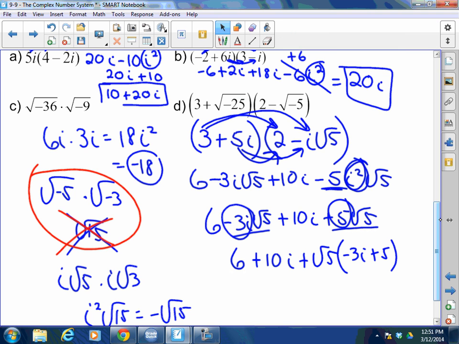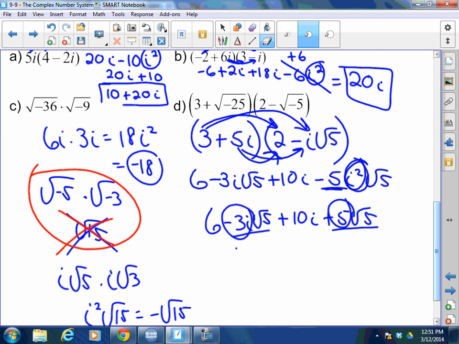But I wouldn't do that. You can't add like terms here. There's no like terms to add. 6 doesn't add to anything. 10i and negative 3i square root of 5, you can't add those. Can you add 10 and square root of 5? So you can't add 10i and a 3i square root of 5. And then I have a square root of 5 here and a square root of 5 here, but I can't add 3i's and a positive 5. Does that make sense? Promise?